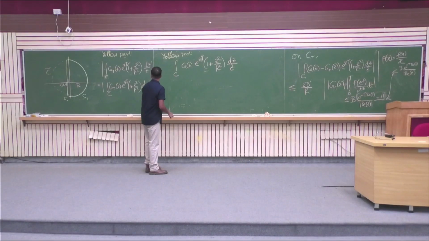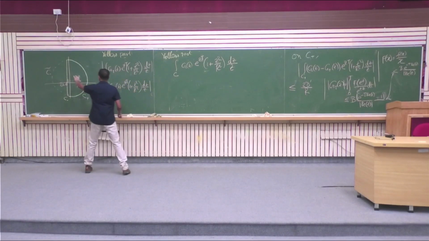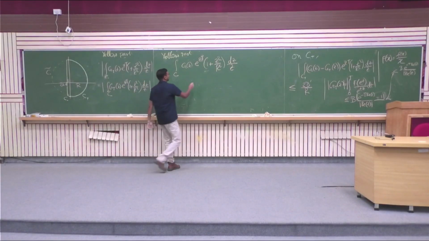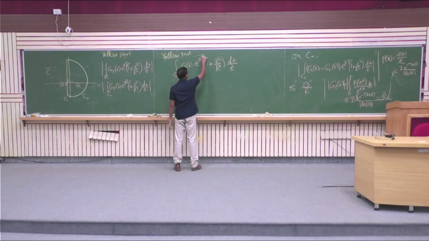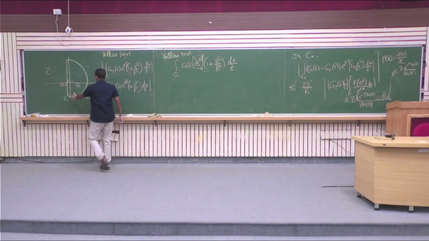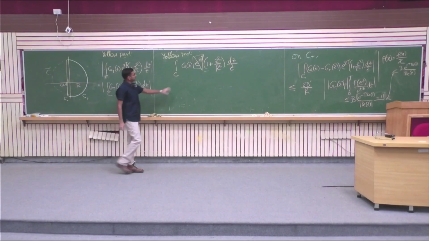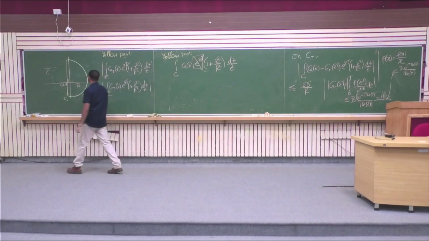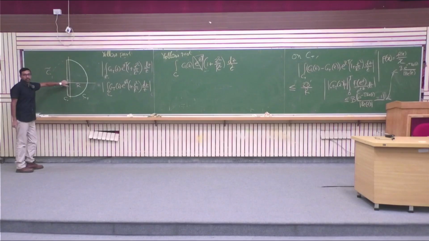Note that if you just think of the rest without this factor, suppose it is not there and you are integrating on the yellow part, this is analytic, this is analytic. And 1/z also doesn't make any problem because it is away from 0, right?